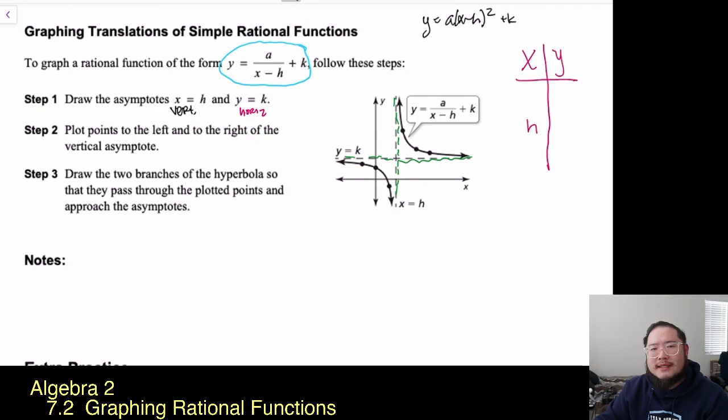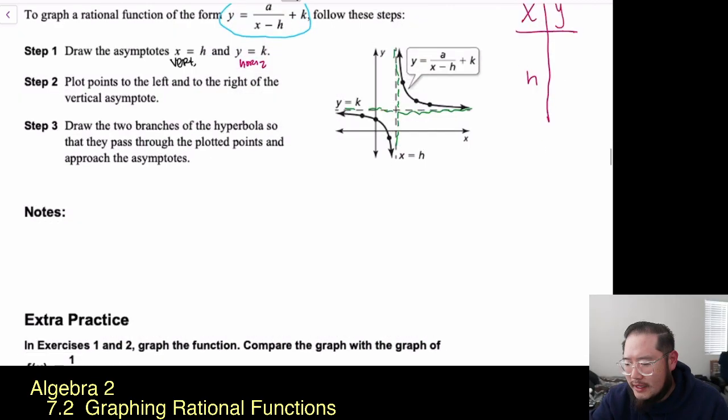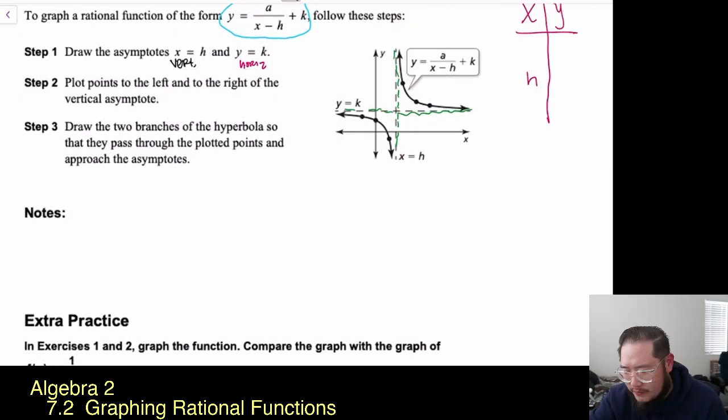One last thing that I need to include right here that's not in your notes is, well, what happens if I have a function that looks something like this? Y is equal to ax plus b over cx plus d, okay? We have coefficients in this function.